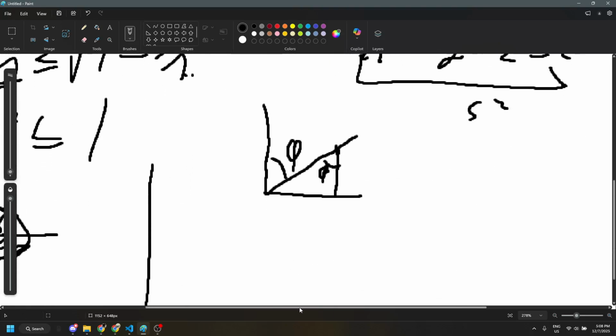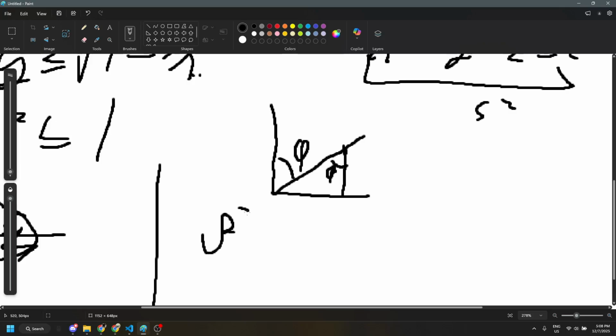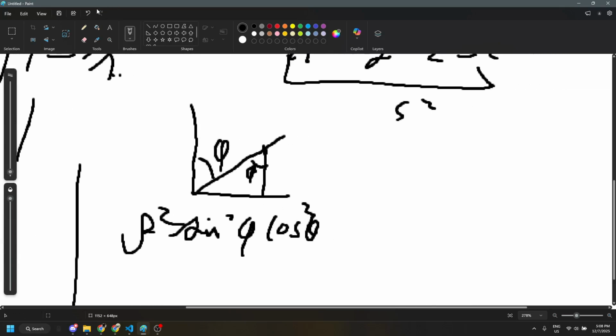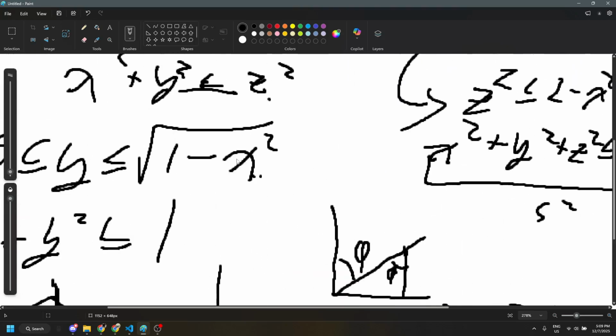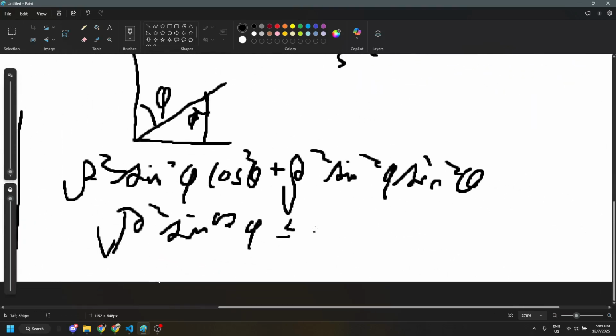So x is rho squared sine squared phi cosine squared theta. Y is the same thing, so it's just sine squared theta. So these cancel out to 1 because it's cosine squared plus sine squared. So it's just rho squared sine squared phi is less than or equal to rho squared cosine squared phi.